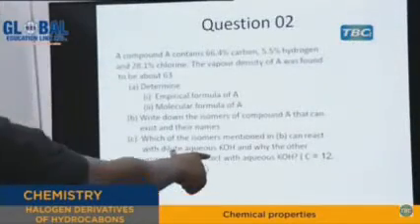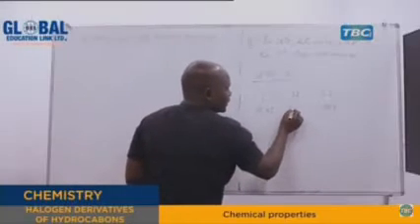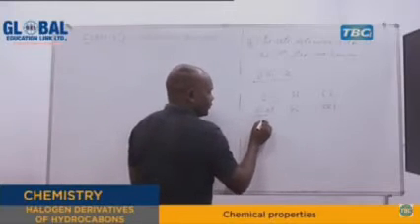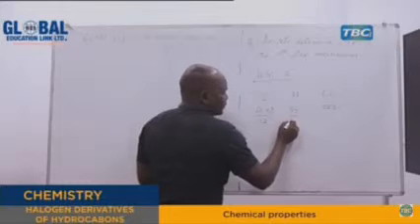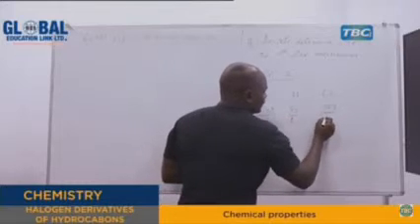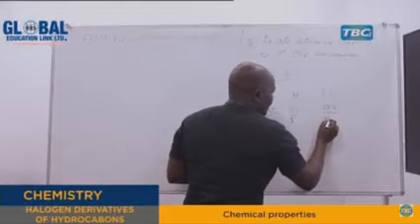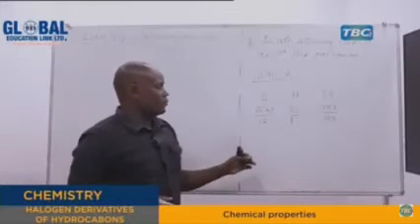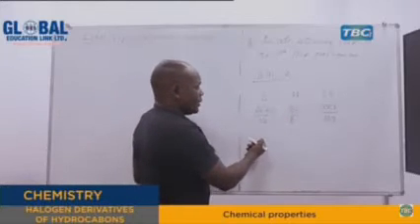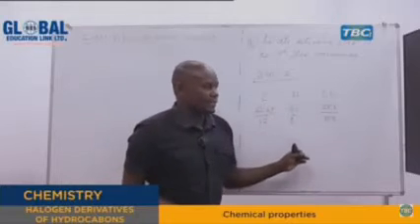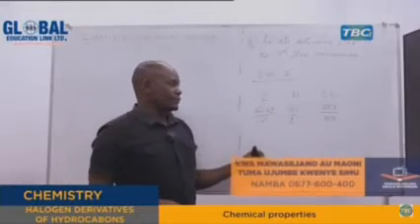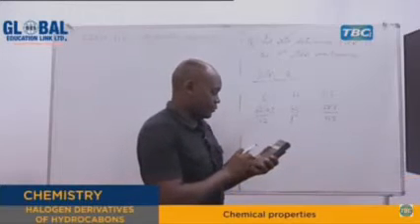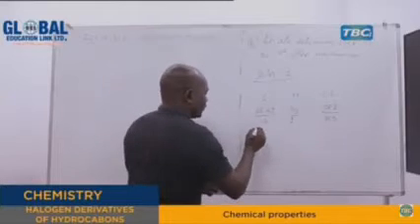Now, we have been given their relative atomic masses. The atomic mass of carbon is 12. So we have to divide the percentage by the atomic mass of each element. Here we divide by 12, here by 1, and here by 35.5. Now, using your calculator, 66.4 divided by 12, the answer is 5.53.